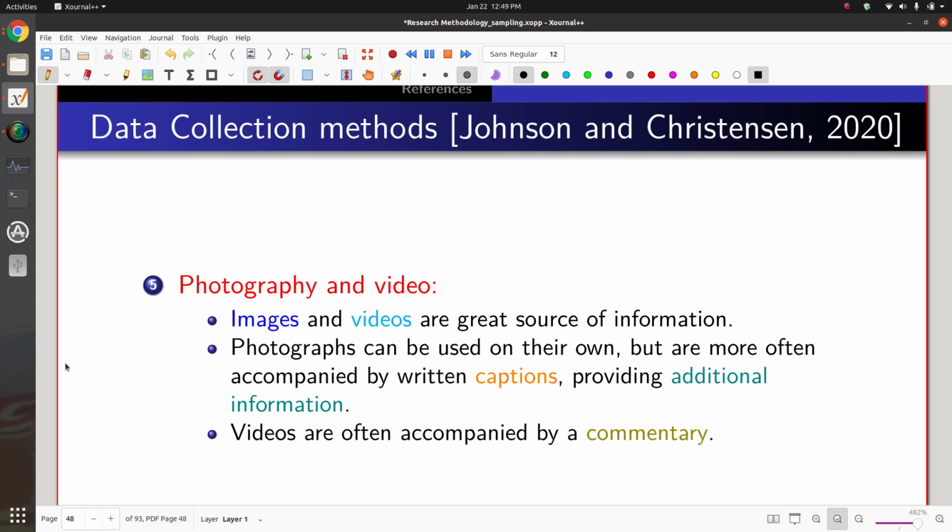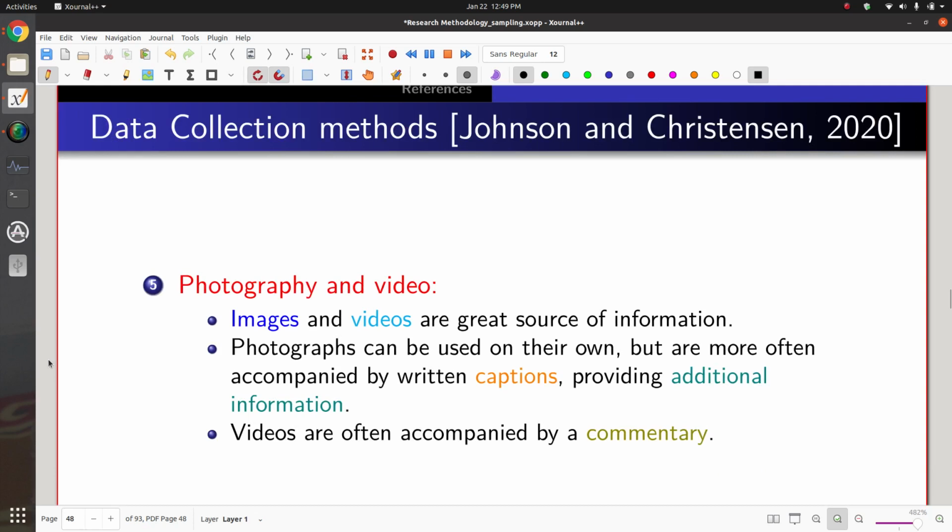Videos are accompanied with commentaries, and once you collect this image and video data, it may be very useful for a variety of research. So this is also one source of information that you can use for data collection purposes.